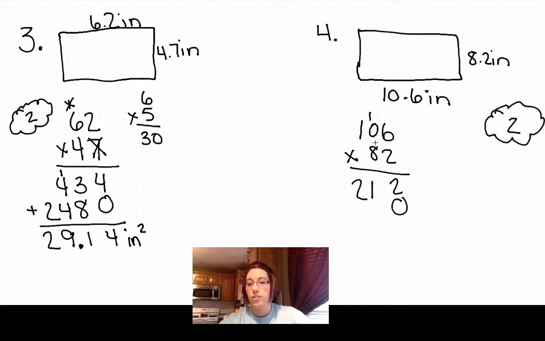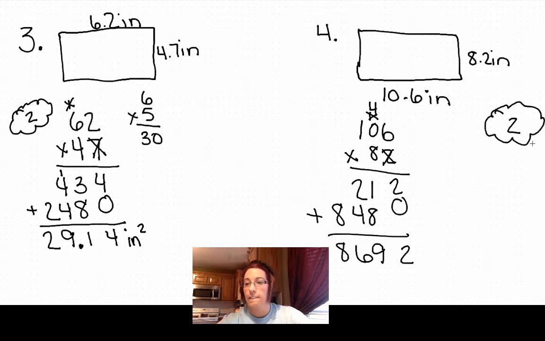Second row starts with a 0. 6 times 8 is 48. 8 times 0 is 0, plus 4 would be 4. And 8 times 1 is 8. Add our products, we get 2, 9, 6, 8. Decimals over 1 over 2.